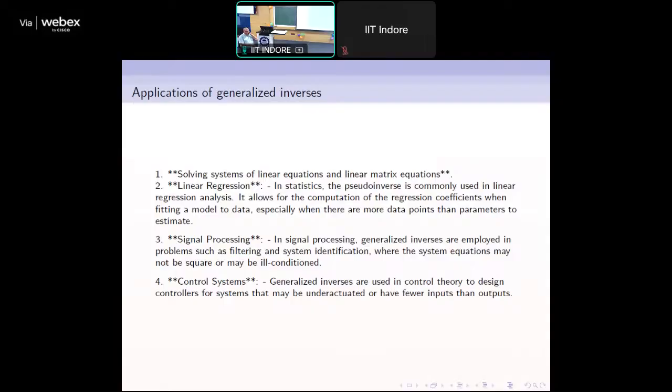But if we consider a constrained system AX equal B with some constraints, for example, the constraint X in the range of A or something, then it is possible that other kinds of generalized inverses are applicable directly. Of course, this application is again based on the Moore-Penrose inverse.